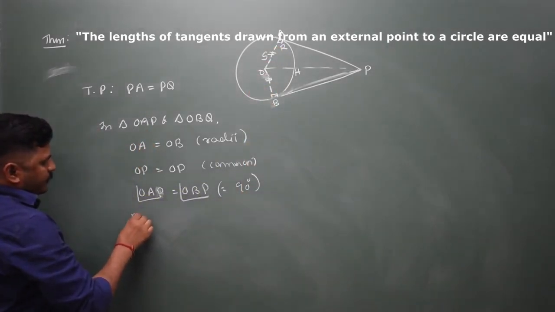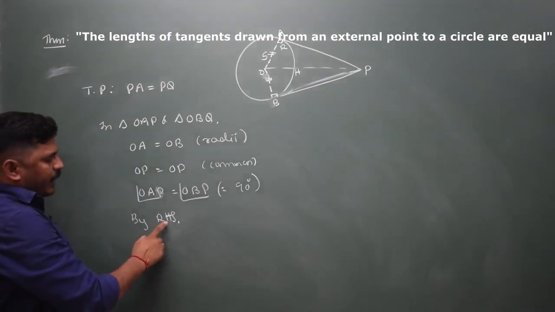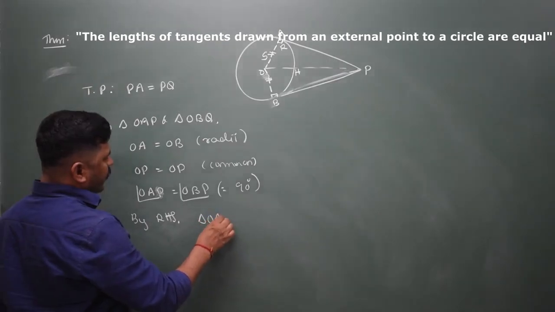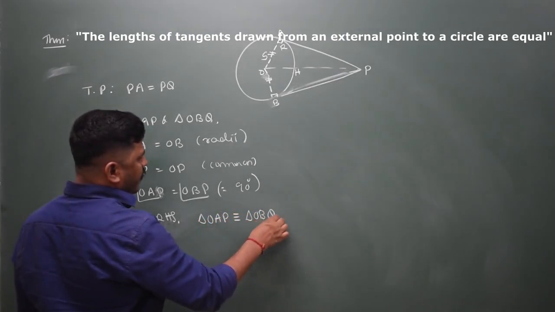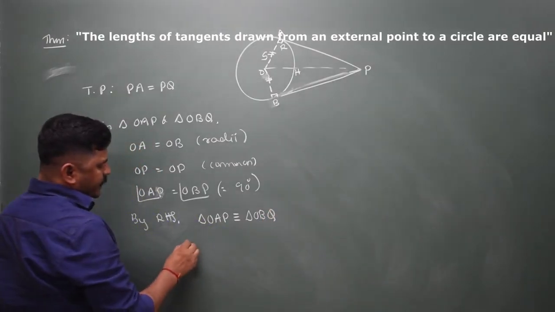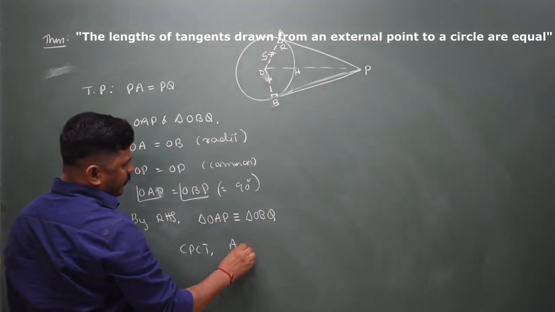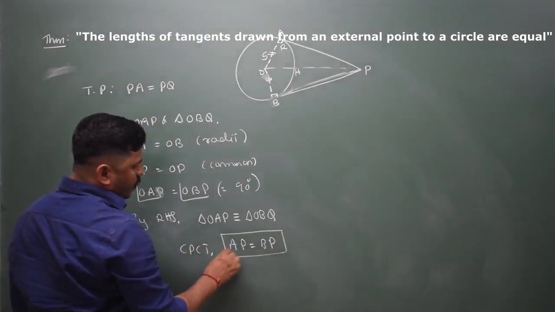So by RHS, right angle, hypotenuse and one side, triangle OAP is congruent to triangle OBQ. If the triangles are congruent, by CPCT the sides are equal. That is AP equal to BP. That's what they ask you to prove.